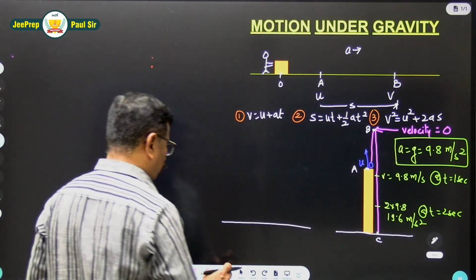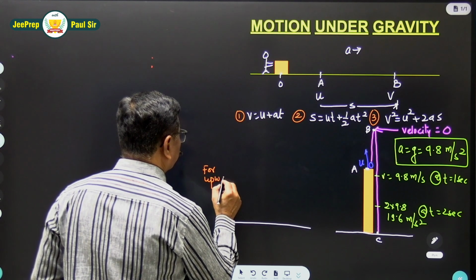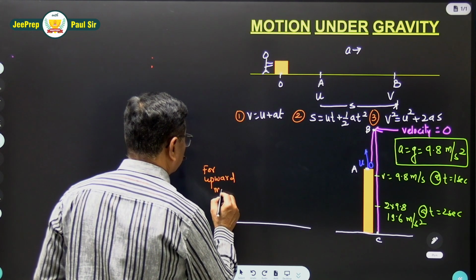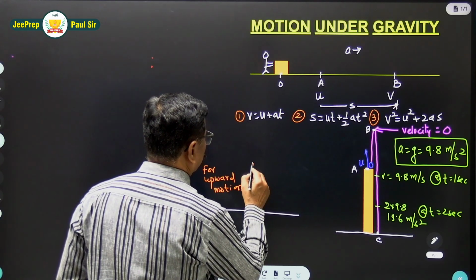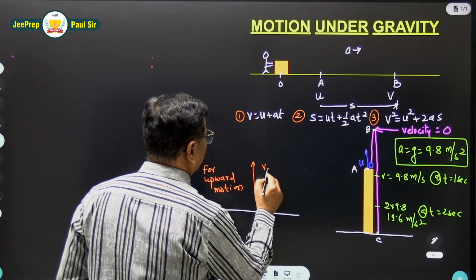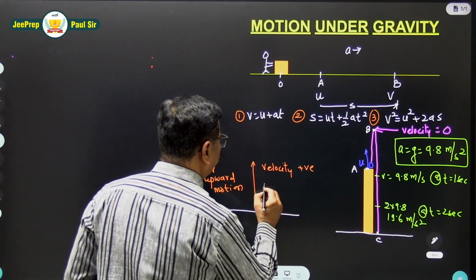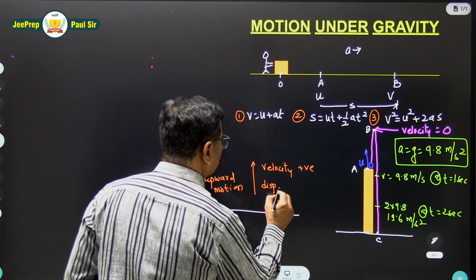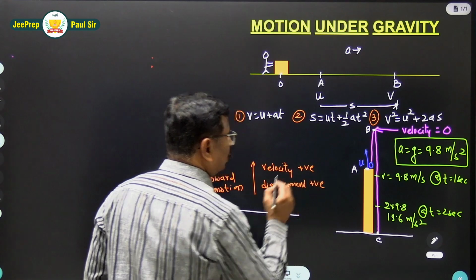Means for the upward motion, velocity is taken as positive and even displacement is also taken as positive.